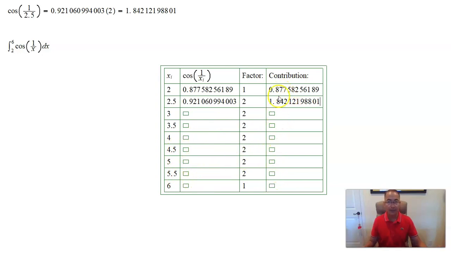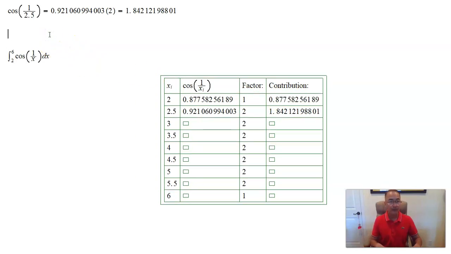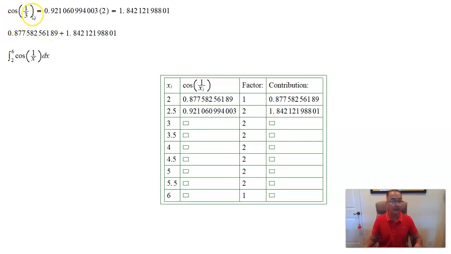Remember, we're going to add up all of these contributions. So let's begin a running total, at least a line that will tell us that we are going to be adding these contributions together. Not this column, but this column. All right, so our next number is 3.